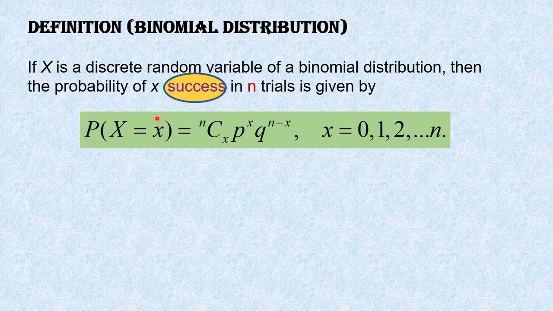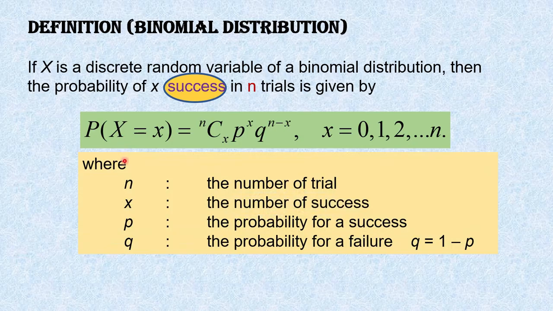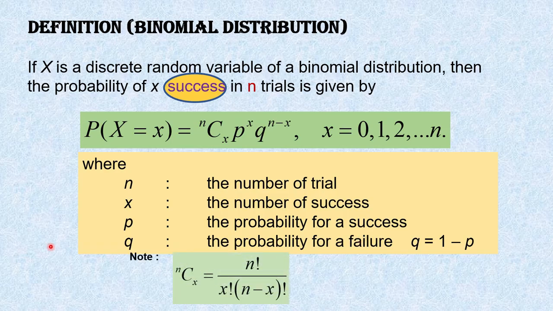Okay, take note that x here represents the number of successes, where n is the number of trials. P is the probability for a success. Q is the probability for a failure. The relationship between p and q is q equals 1 minus p.